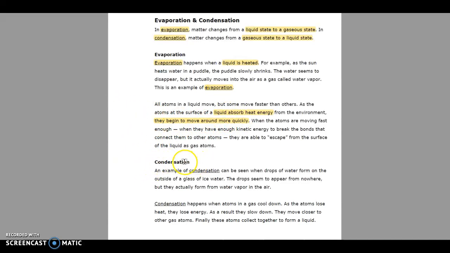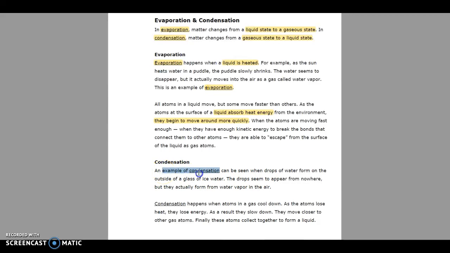Okay, condensation. This is a new topic. An example of condensation can be seen when drops of water form on the outside of a glass of water. The drops seem to appear from nowhere, but they actually form from water vapor in the air. So we have an example of condensation here. So maybe our notes can just be the example.